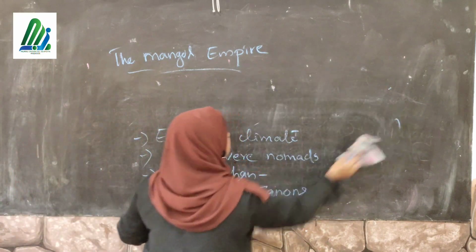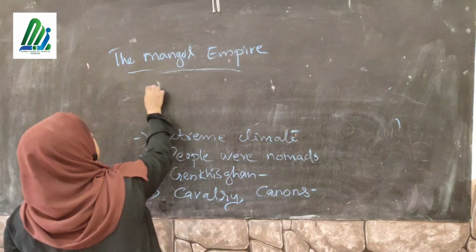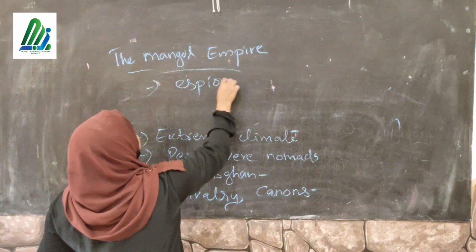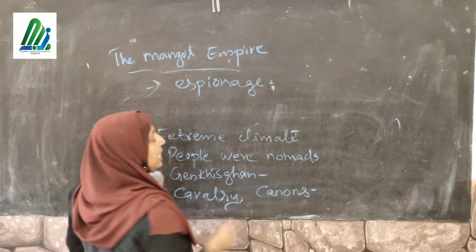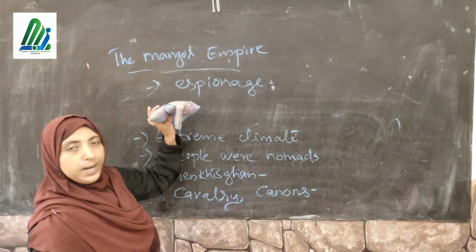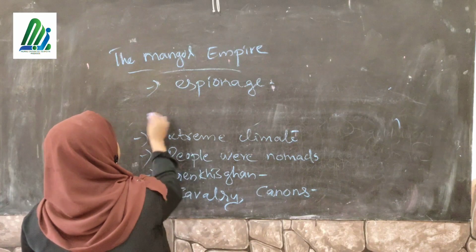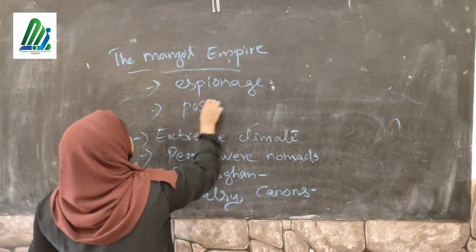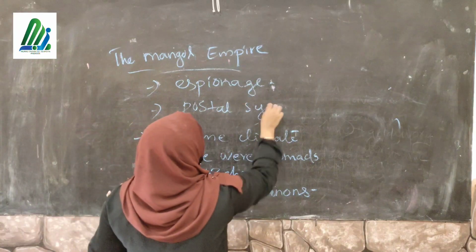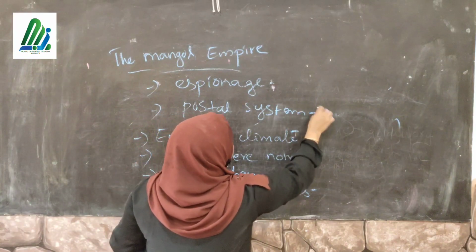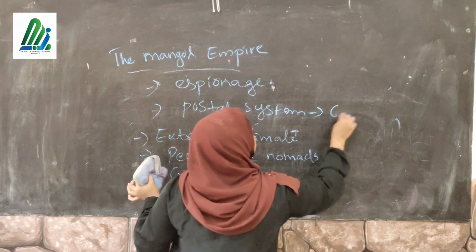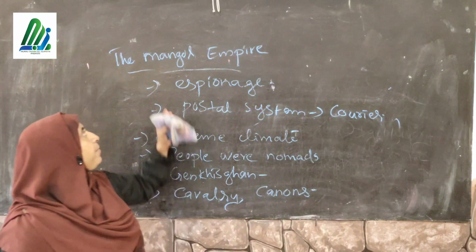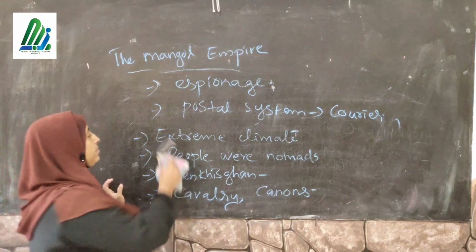The next point, Genghis Khan had kept a good espionage. Espionage means a secret group for helping the king. The next point, they had a postal system, known as courier. So these are the points you can write about the Mongol Empire.